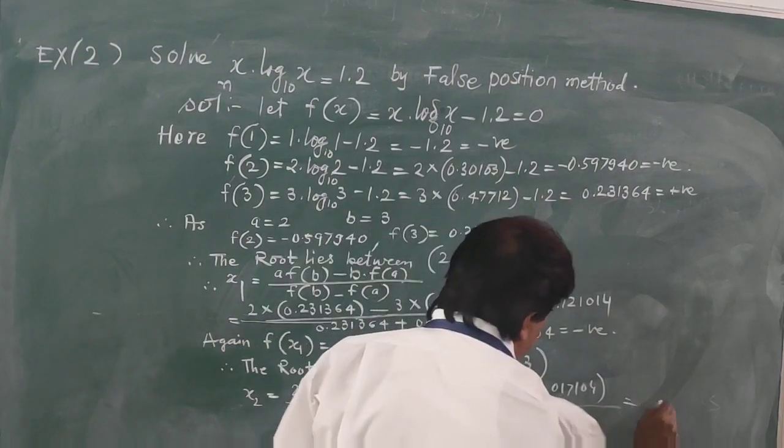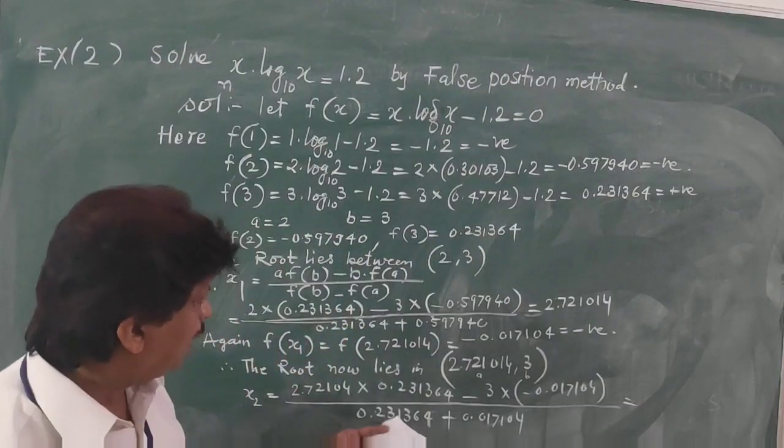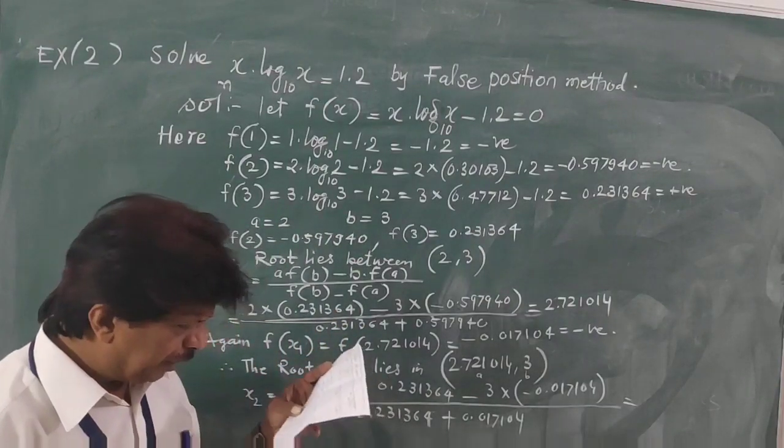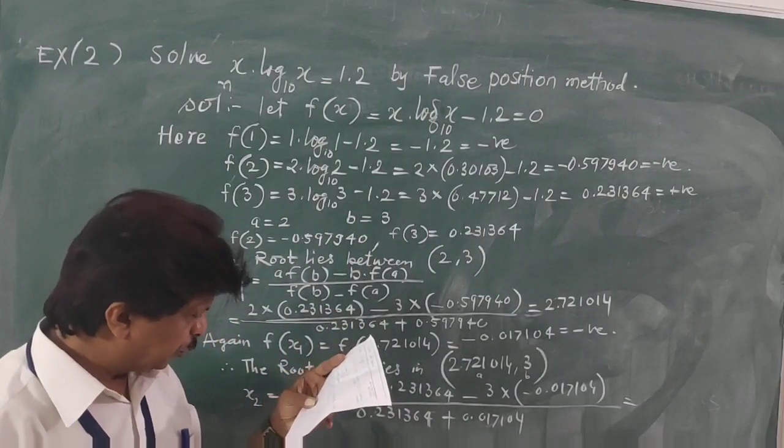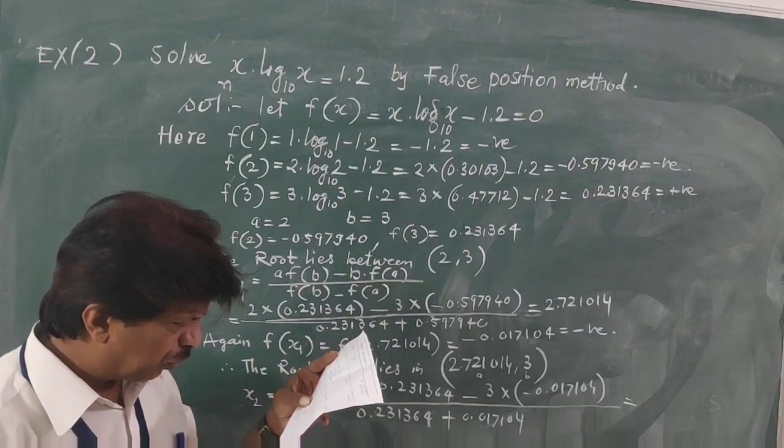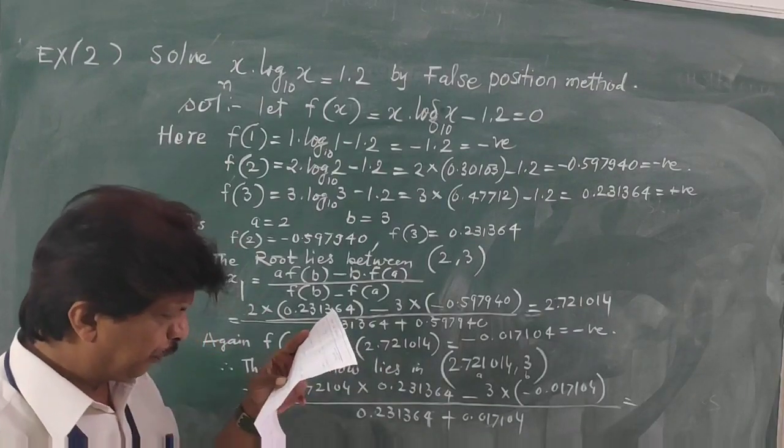So x2 is, on calculation with this calculator, 2.74021.